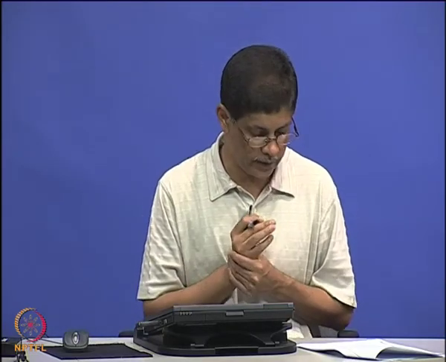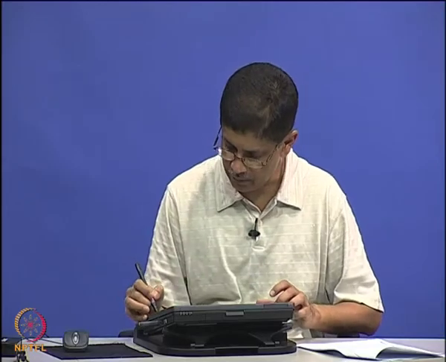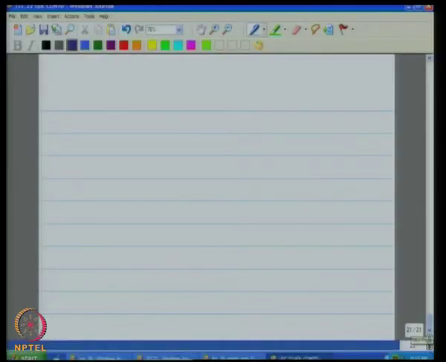What we would like to do is formulate the problem of carrying out maximum likelihood code word decoding of this code as an MPF problem. So that will be our goal.